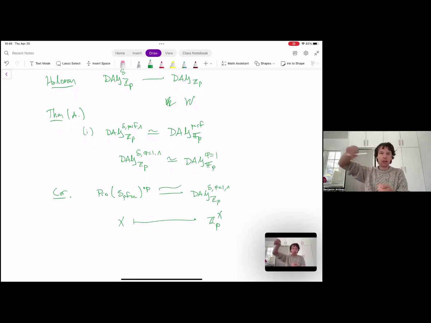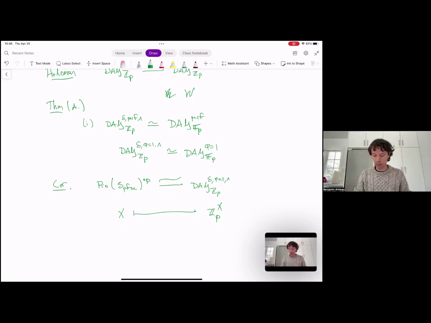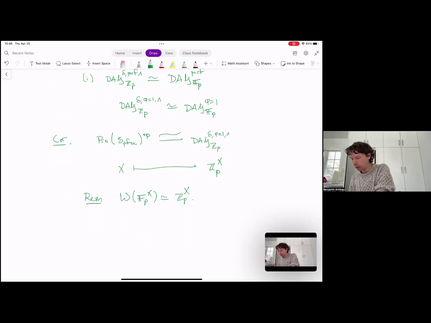So I'm viewing cohomology now as having a delta ring structure, but where the lift of Frobenius is canonically given by the identity. And that's actually an equivalence of categories. Remark: the Witt vectors on F_p-cochains of X is equivalent to Z_p-cochains of X if you do all of this stuff in the right way.